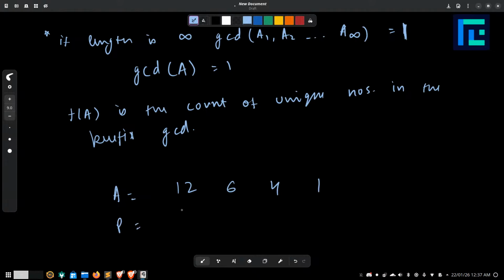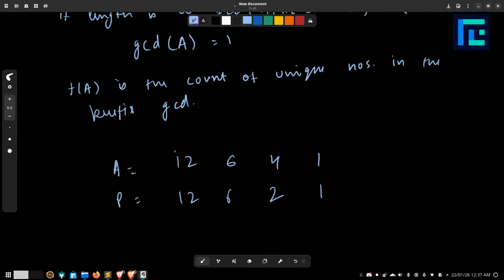The p array, the prefix GCD array, would be: till here the GCD is 12, till here 6, till here 2, and till here 1. Since these are not equal, the overall score will be 3. So we can say that f of a is the count of unique numbers in the prefix GCD except 1. We are simply counting all the unique numbers minus 1, so we can exclude this one and count these three.